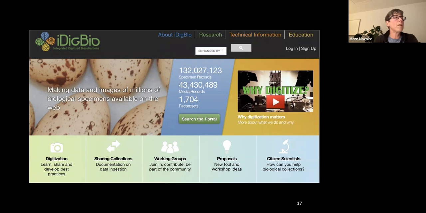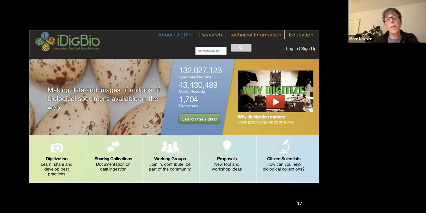And they also promote the uses of natural history collections data by the scientific community and stakeholders through enhanced research and outreach activities. The goal of iDigBio has been to digitize 1 billion natural history collections.